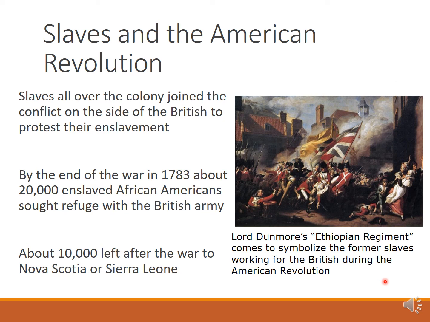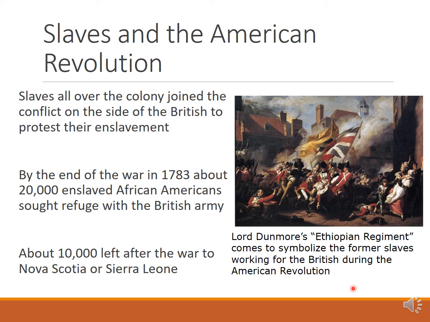And a British military commander by the name of Lord Dunmore is the first to come up with this idea. He creates what he calls the Ethiopian Regiment of basically slaves that have escaped their enslavement and they have come to serve for the British Army.